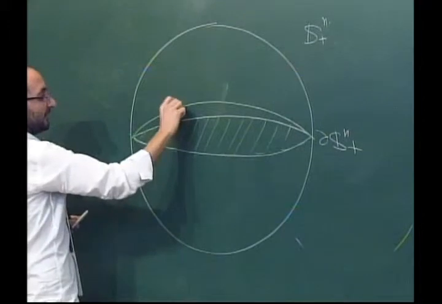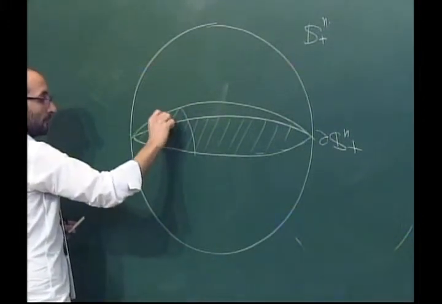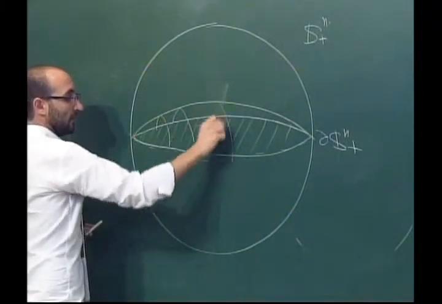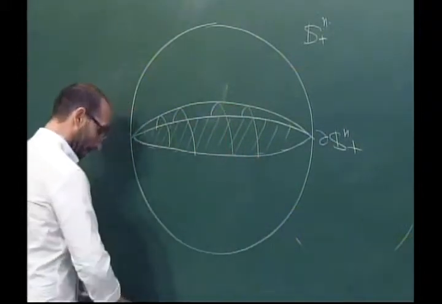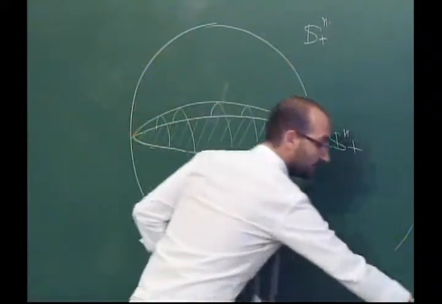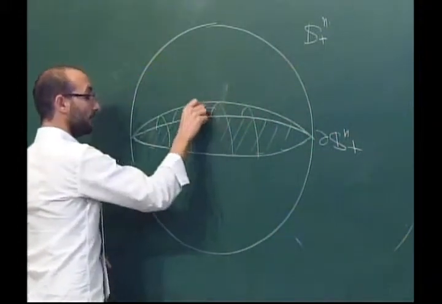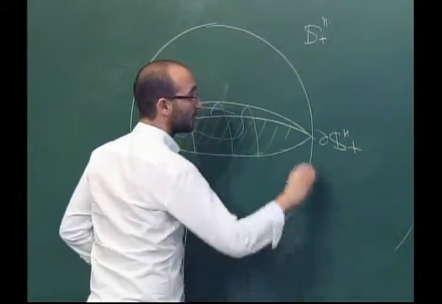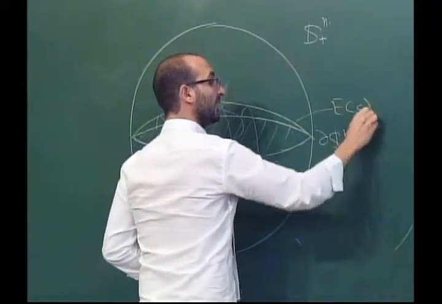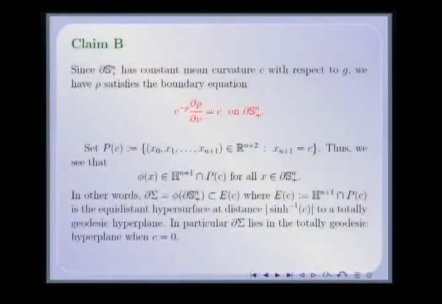that this is an equidistant to this surface. So what it says is that the boundary is here. This is an equidistant. You can compute the distance explicitly: it is the arc hyperbolic sine of the constant c of the mean curvature.